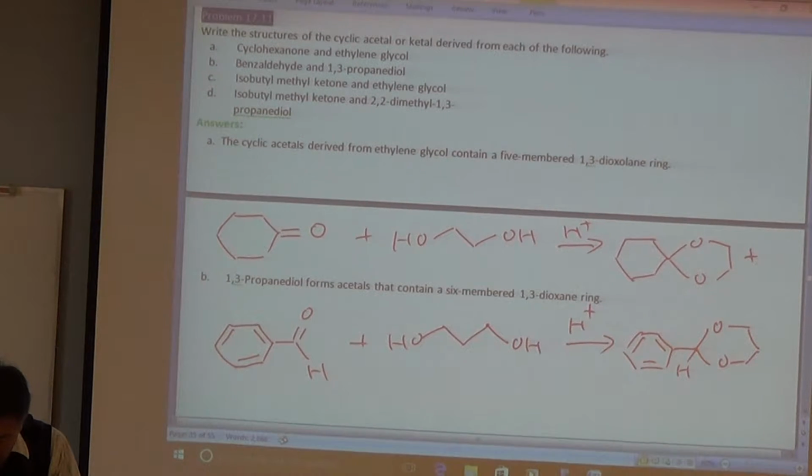Both reactions will produce H2O. So this also produces H2O.